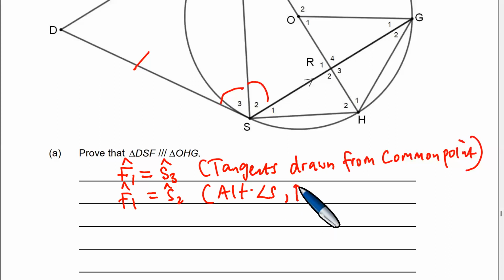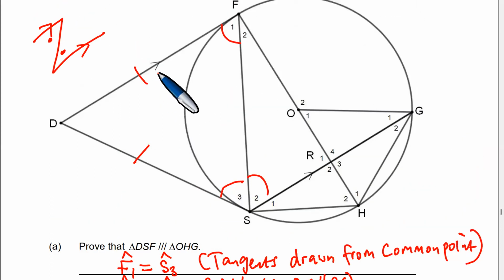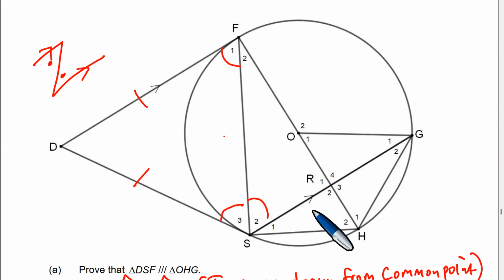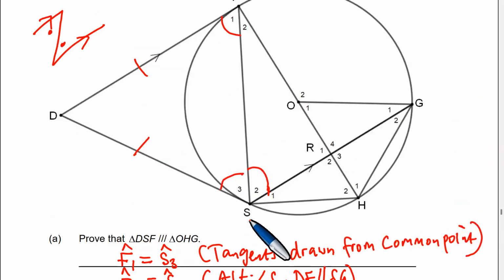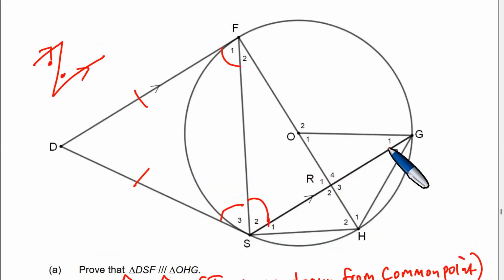Alternate angles, because DF is parallel to SG. Now we have this one parallel to this one, so F1 is equal to angle S2. Next. We are getting closer to relating the angles here and the angles in the triangle OHG. Okay, let's continue.